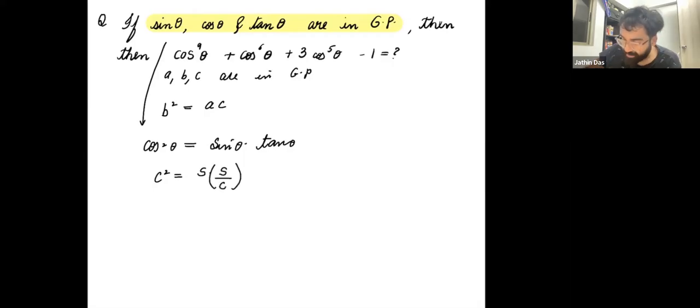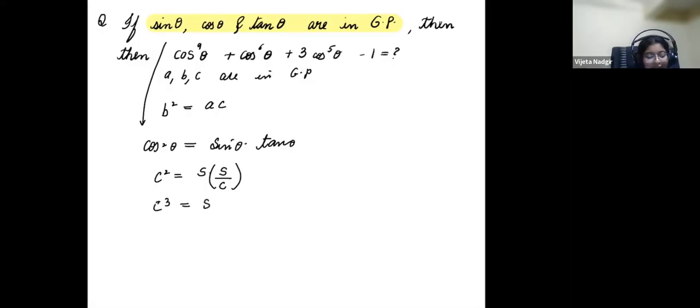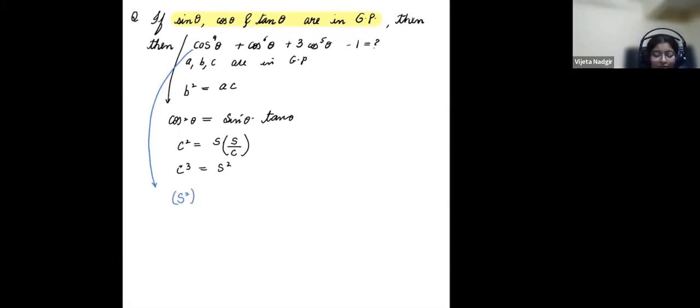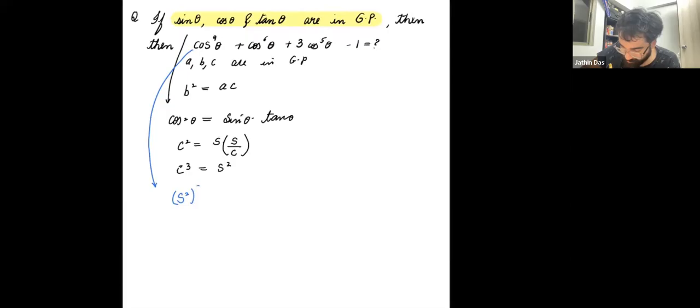Did you convert tan into sin by cos? Yeah. Very good. So cos cube is equal to sin square. Do the same. So cos raised to 9 will be sin raised to 6.